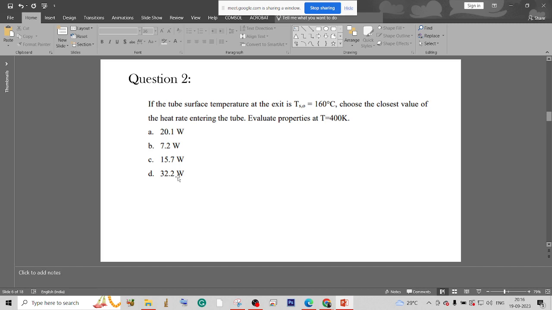Now we will equate 1 and 2. So what will we get? We will get Tm naught equal to (h Ts plus (m dot Cp by pi D L) Tmi) upon ((m dot Cp by pi D L) plus h).